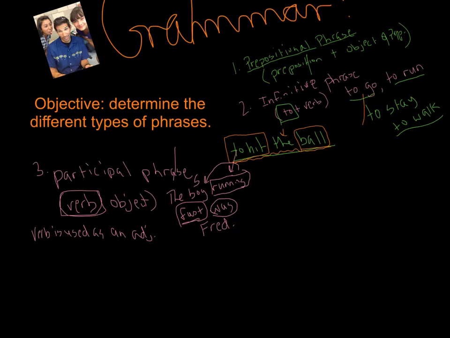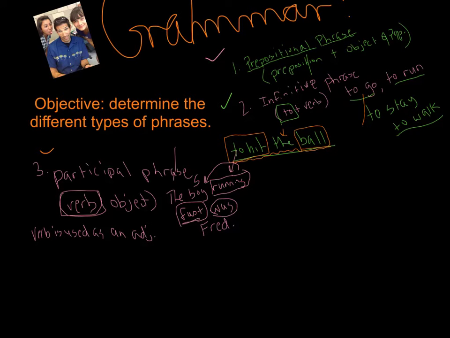So again, we have prepositional phrases, we have infinitive phrases, and we have participle phrases. Those are the three that you need to make sure that you know today. Right now, I want you to just make sure you know those three. Now there are other subcategories of phrases, but those are your three primary phrases.